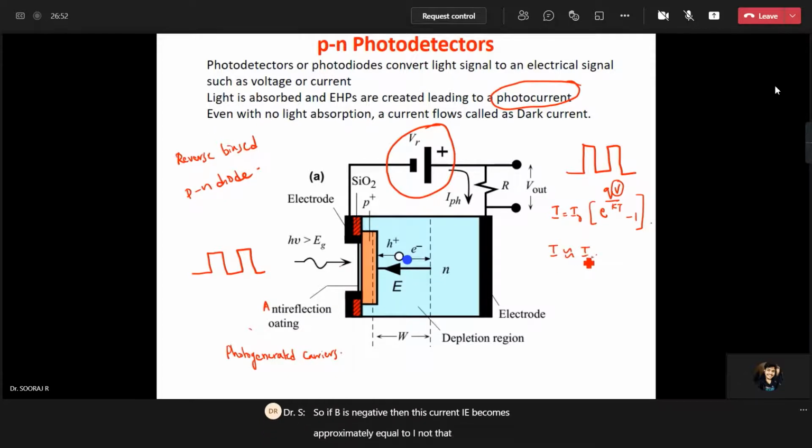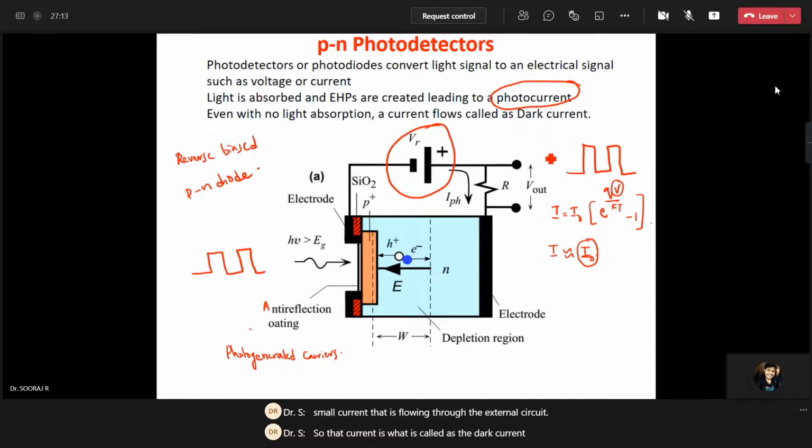That means the current flowing through a reverse bias PN diode is nothing but the reverse saturation current. So even when no photons are falling on the PN diode, you would see a very small current flowing through the external circuit. That current is what is called the dark current.